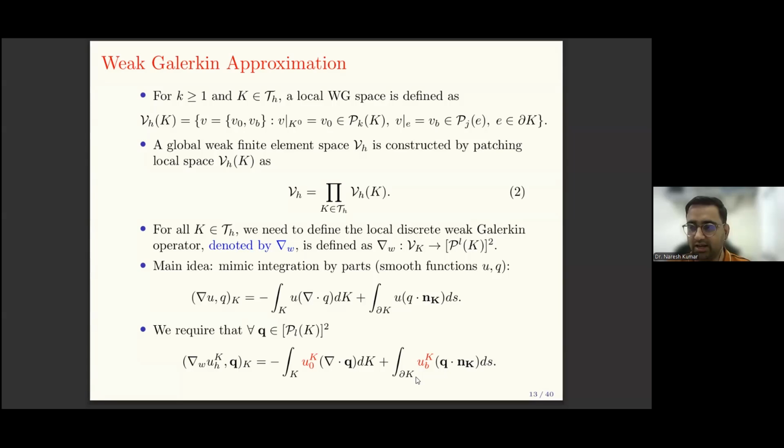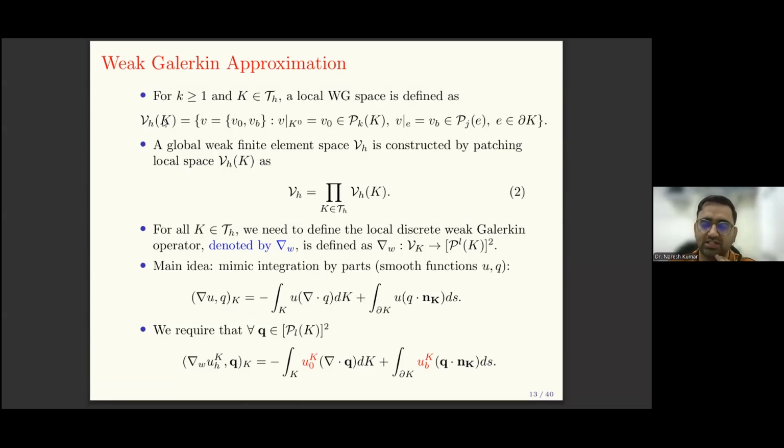But here you can note that we are taking Pk in the interior and Pj on the edges. So there is no relation, you can choose k different, j different. Suppose k equal to 1 and j equal to 0 or j equal to 2, you can take any positive number.